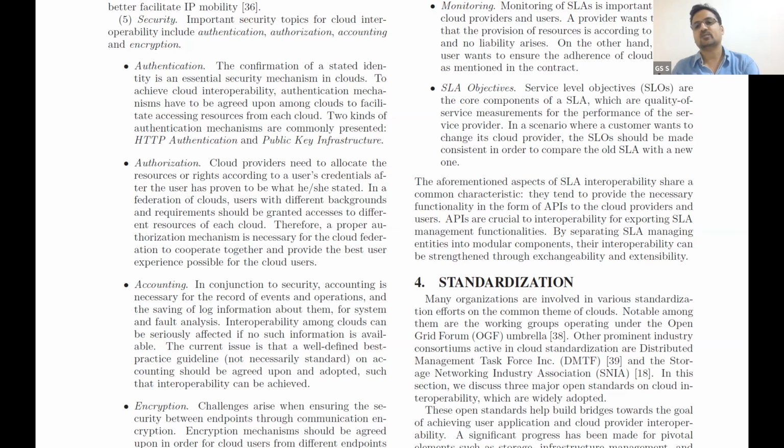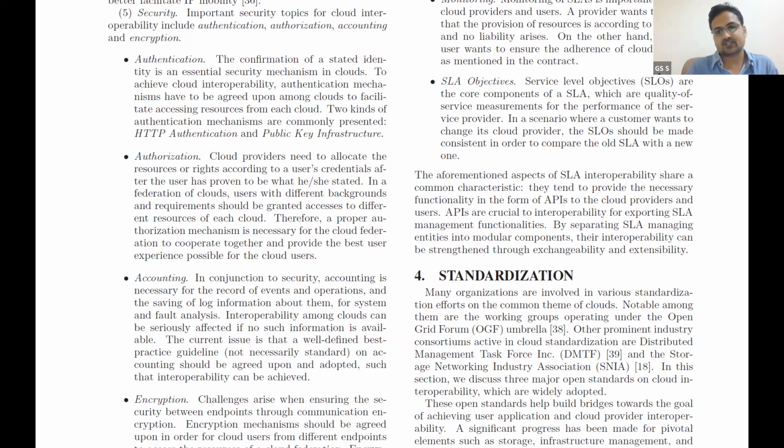Accounting, how many resources you used. Because when you are running in cloud, they will create a bill, right? Pay as you go model. Hourly charges, monthly charges, weekly charges, per CPU charges, per GB of RAM charges, data transfer charges. That accounting we also need to see.